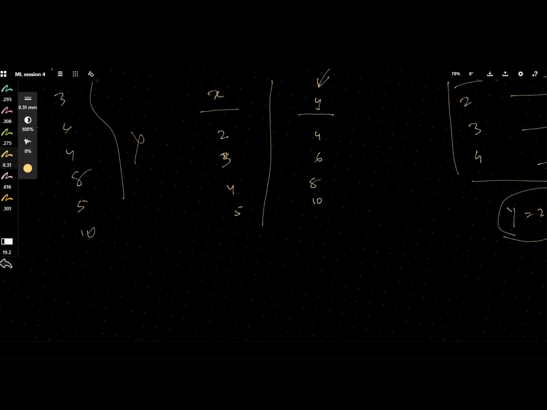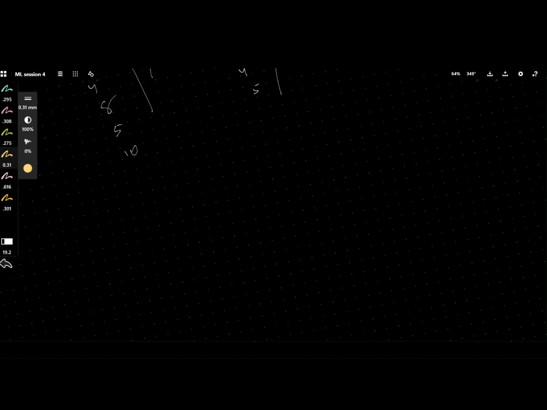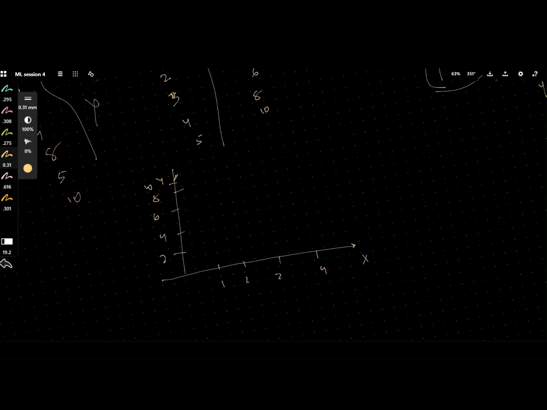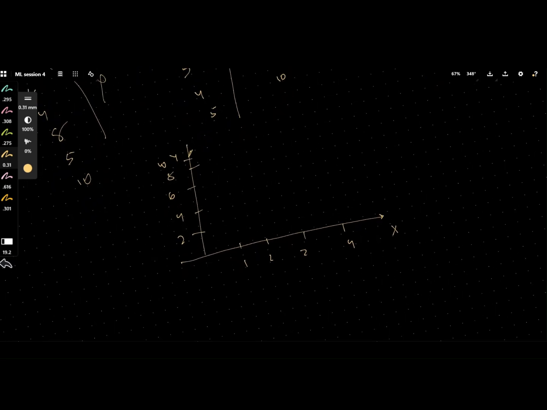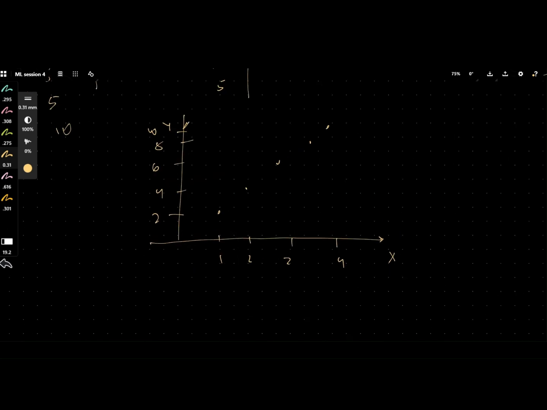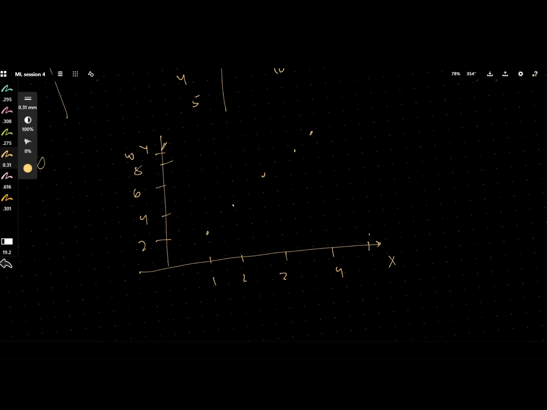Okay, let's make a graph for this. 1 gets 2, 2 gets 4, and so on. Now, to predict a value, let's say here is 12.